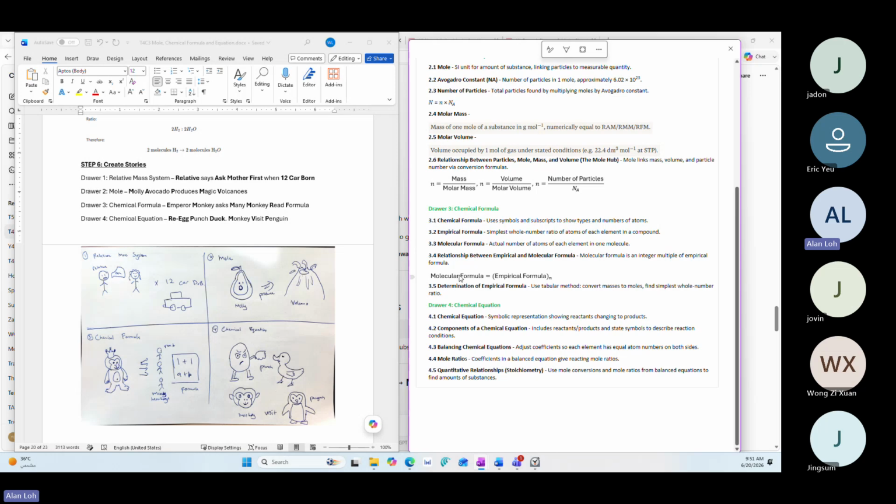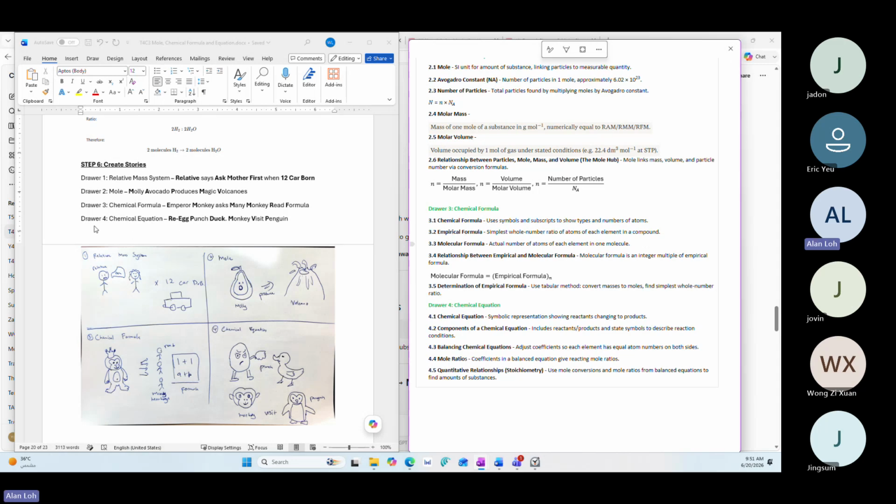For now, I can't remember what is this many monkey. Later, maybe we will remember it as we read. For now, we'll change it to emperor monkey read formula, until we find the many monkey with the MM. Emperor monkey read formula is also something very easy for you to remember what is in this chemical formula.